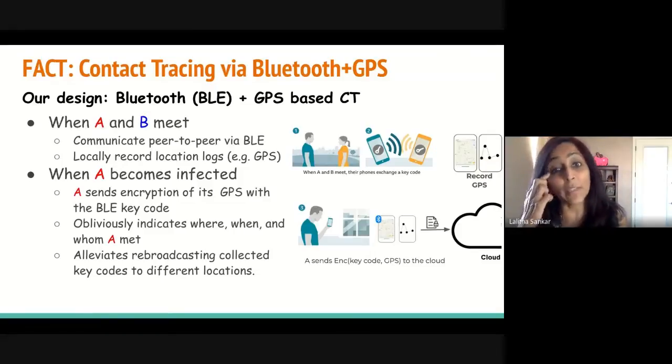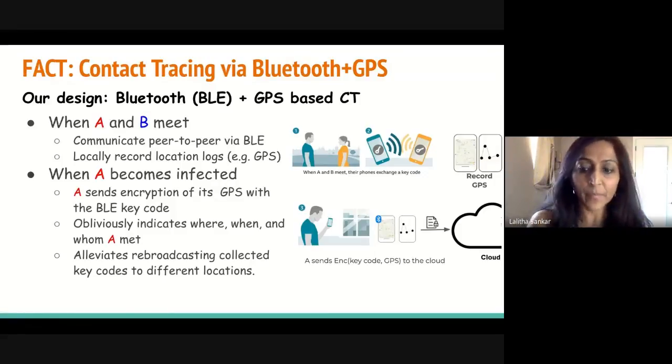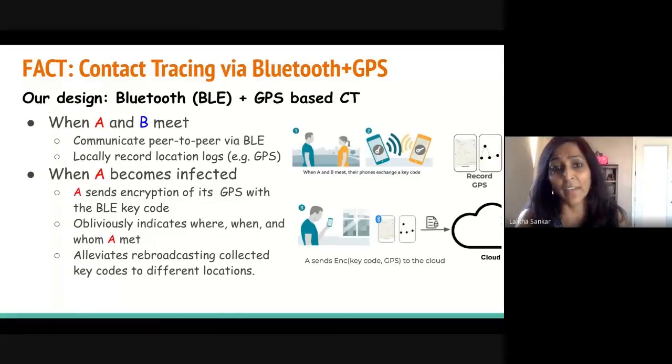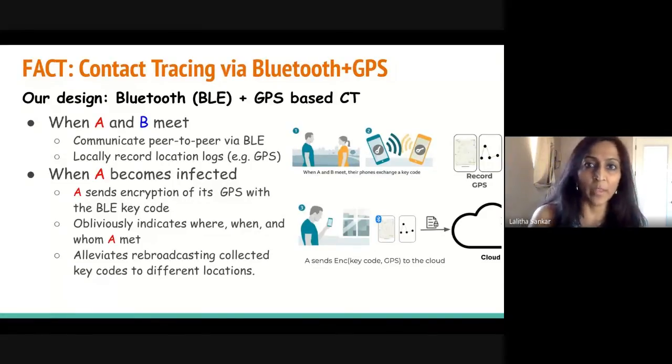And the whole point of doing this is then you can obliviously learn when, where, and whom A has met. And then B, who's been in touch with A, will be notified that somebody she's been in touch with is COVID positive. So one of the things this does, it alleviates this replay problem that's an attack that's possible with Bluetooth-based contact tracing.